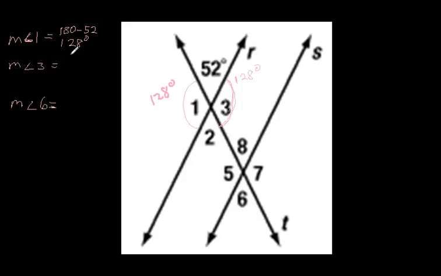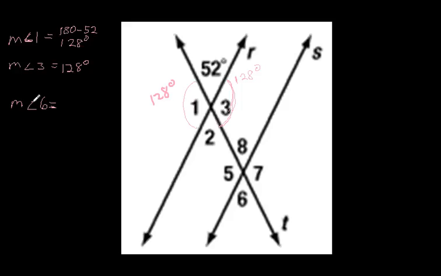So 180 degrees minus 52 degrees has got to equal 128 degrees still. So the measure of angle 3 is not 183 degrees, it's 128 degrees. Cool. So two ways of solving this one, either through vertical angles or using supplementary pairs of angles.